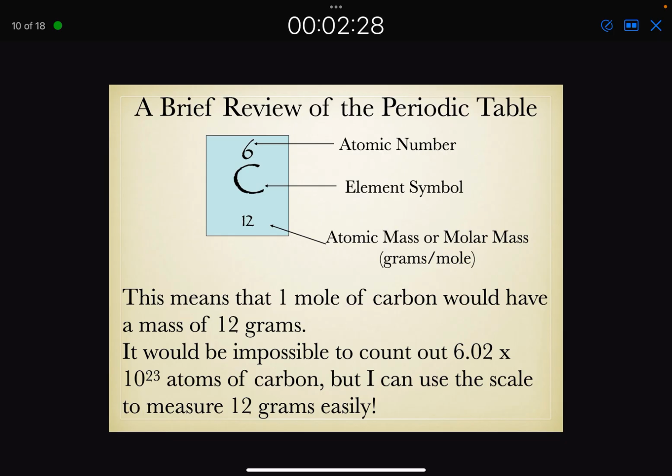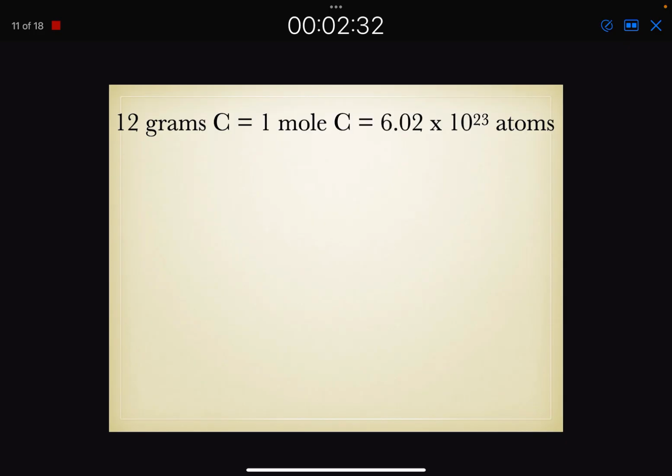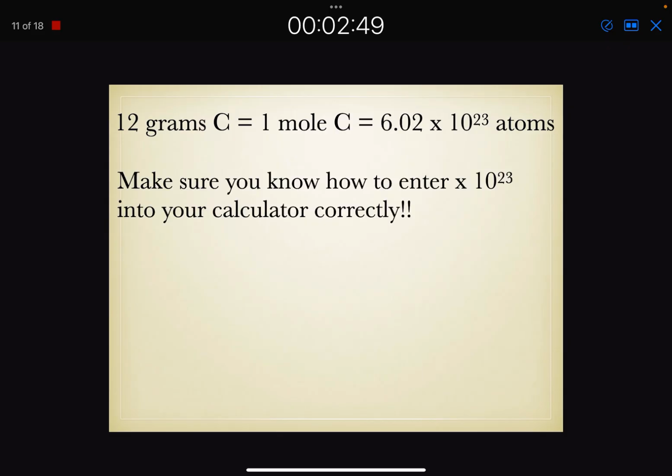So that's how the numbers on the periodic table for the atomic mass and the molar mass help us do our calculations. Let's do a couple sample problems. Knowing that 12 grams of carbon is equal to 1 mole of carbon, which is equal to 6.02 times 10 to the 23rd atoms of carbon, these are all of our equivalencies. So what happens if I double those numbers?